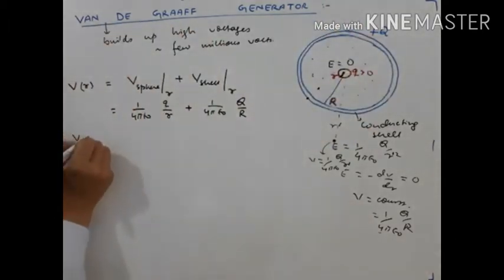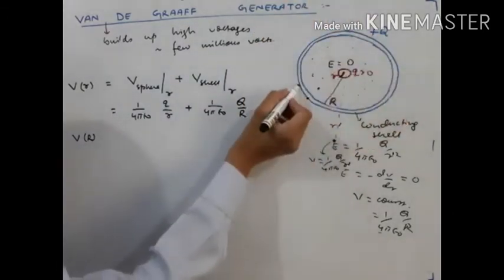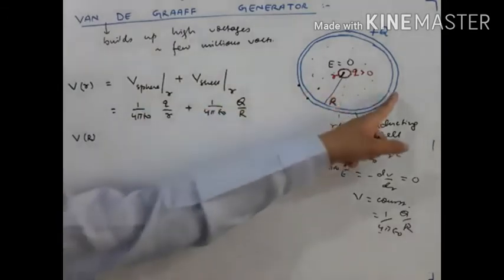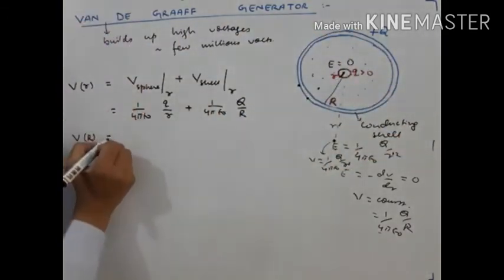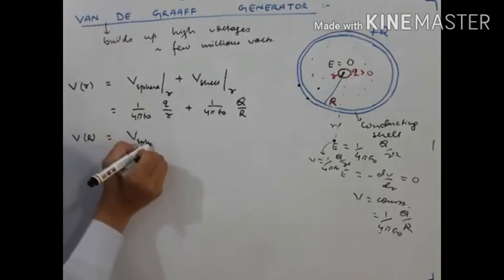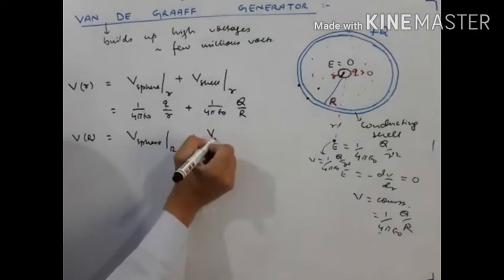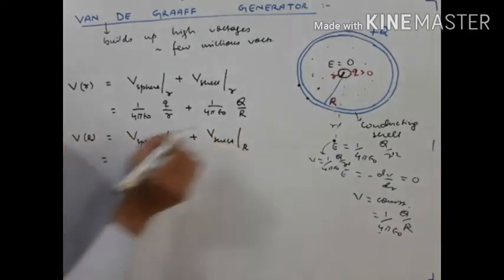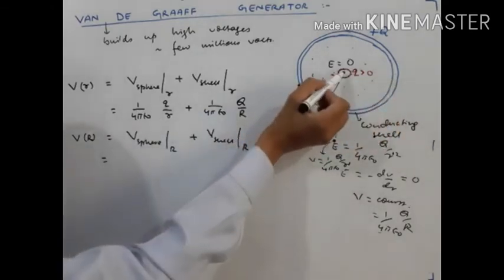Now we choose another point on the surface of the cell. Suppose this point, or if you wish, you can take a point over here or here or here, anywhere. Potential on the surface is also due to two things, due to the sphere at the center and due to the cell itself. Due to the sphere, at this point, the potential is as if the total charge is present at its center.